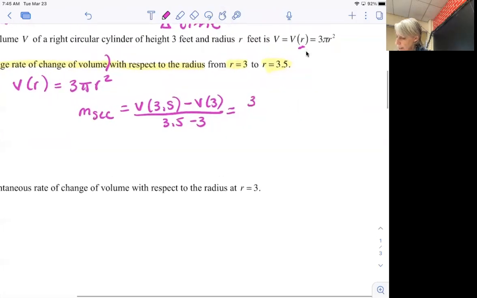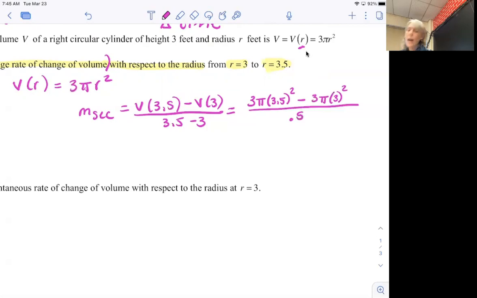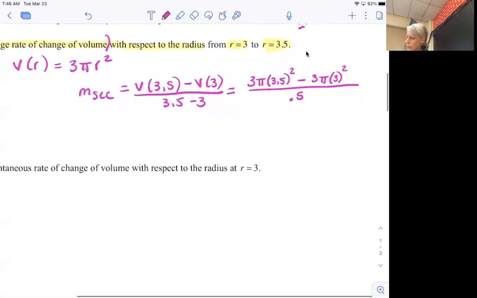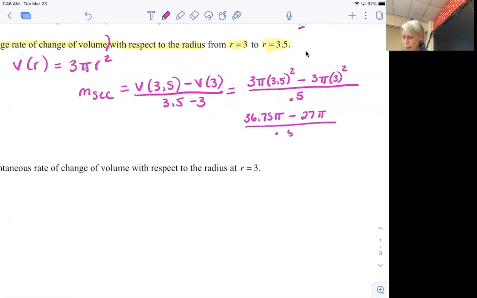So I have 3 pi times 3.5 squared minus 3 pi times 3 squared over 0.5. I'm not even going to worry about the pi's; I'm going to leave it in terms of pi. We wind up getting 36.75 pi minus 27 pi over 0.5.